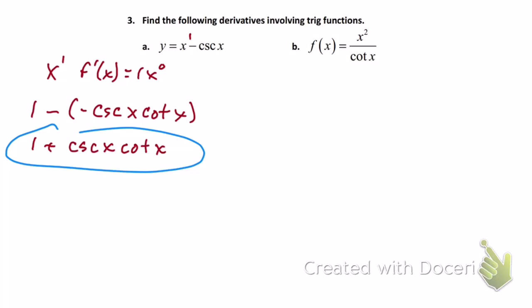So I'm going to do the division rule, which says what? You bring this bottom one up. So I've got cotangent x times the derivative of x squared. 2x, okay, good.